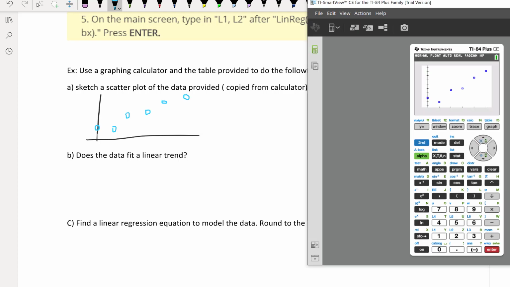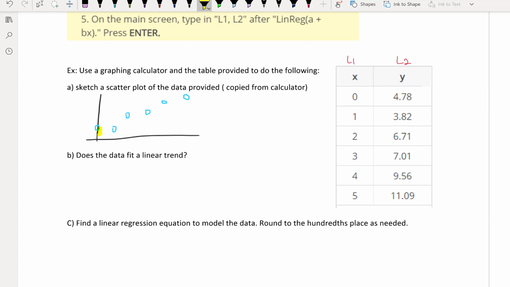Okay. So more or less, it kind of looks like that. And then it says for part B, does the data fit a linear trend? Well, if I were to draw a line through this, it definitely hits most of that. So I'm going to say yes. It definitely fits a linear trend.